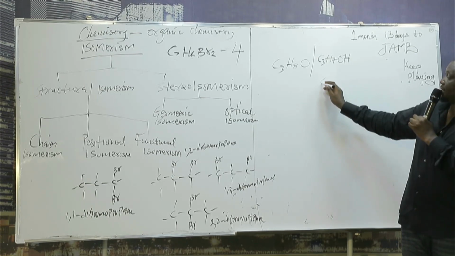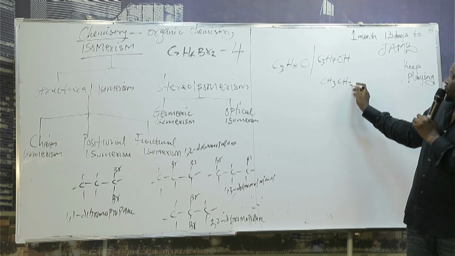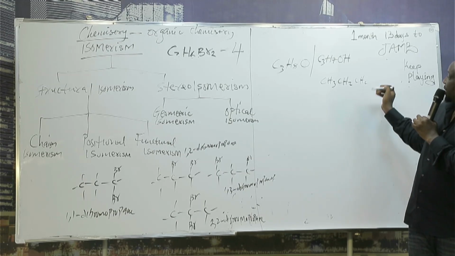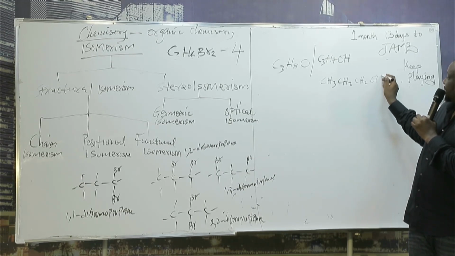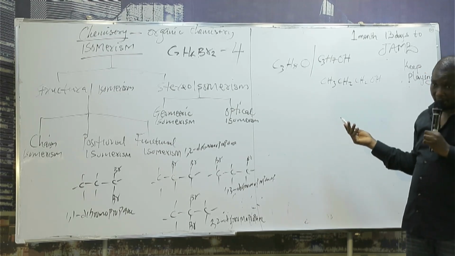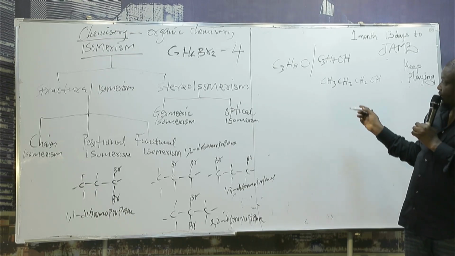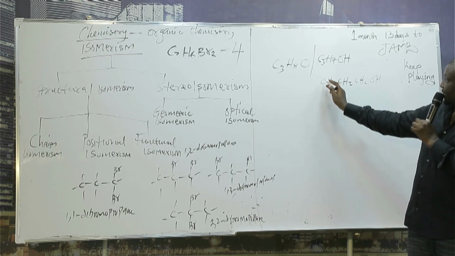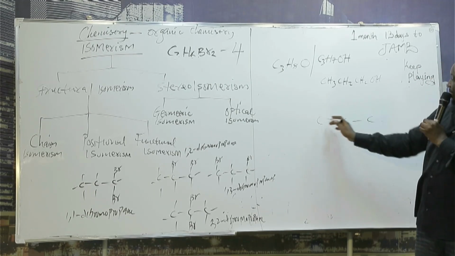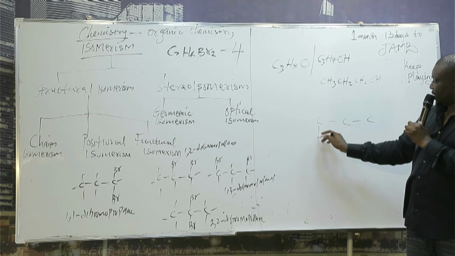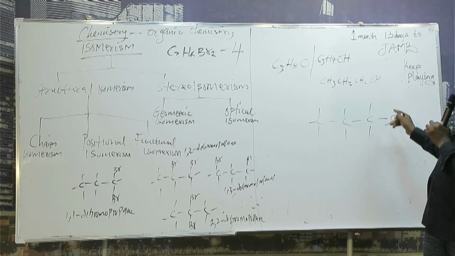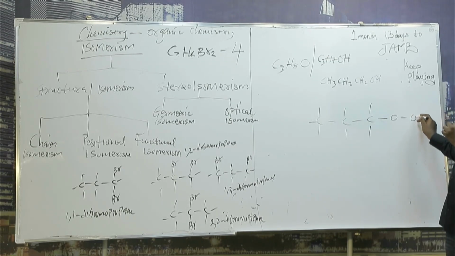I can write it this way: CH3, CH2, CH2 again, OH. Check if it's the same thing. That is one way of writing condensed formula. If I now start writing the structure, C1, 2, 3, H8, 1, 2, 3, 4, 5, 6, 7, 8, O. Looking at how we look here, here will be OH.